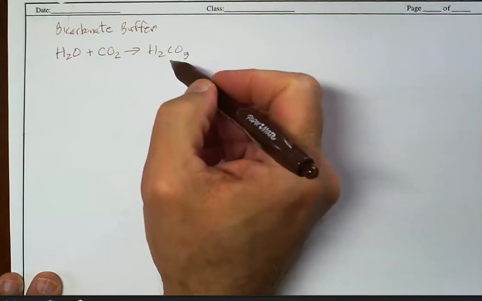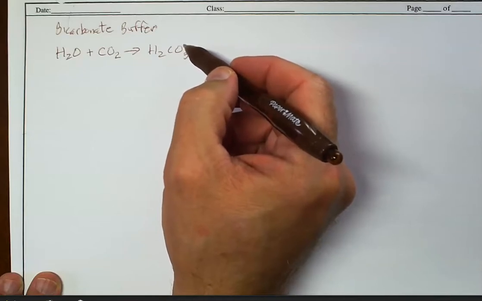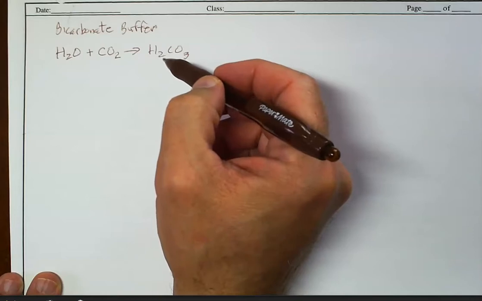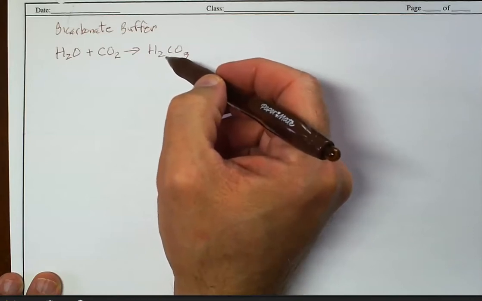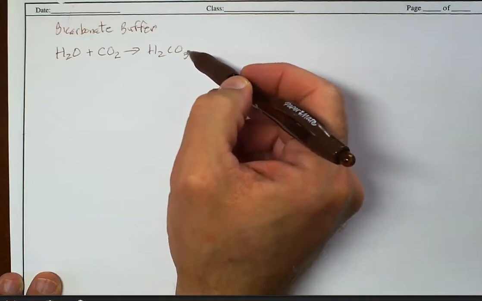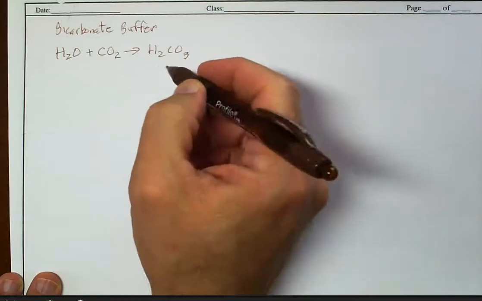H2CO3. Okay, so CO3 is carbonate. You should know that from your polyatomic ions. It's got a -2 charge, so 2 + 1 hydrogens to go with it to even it out. So carbonate becomes carbonic.